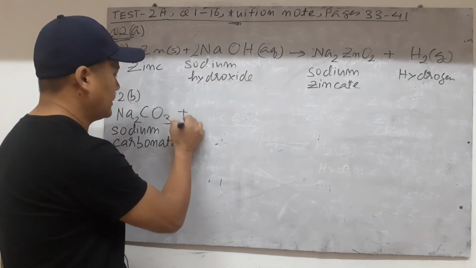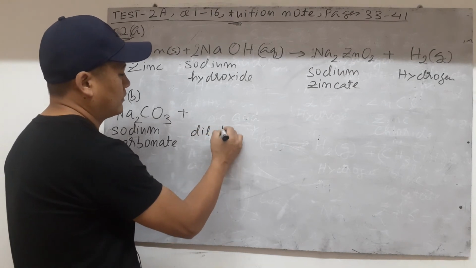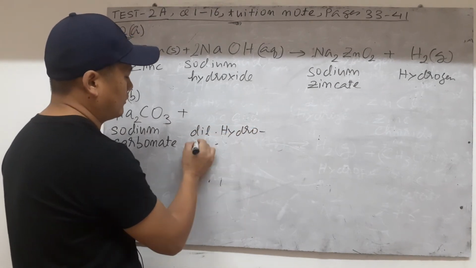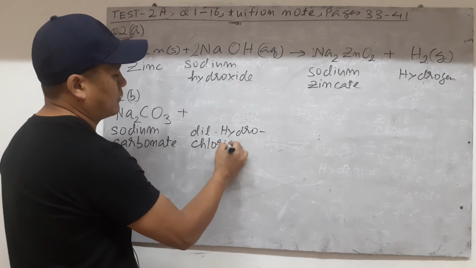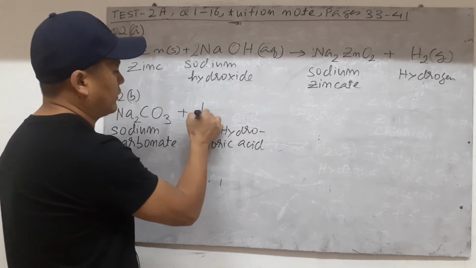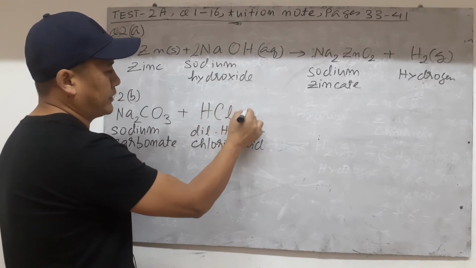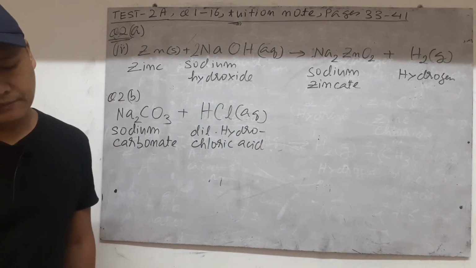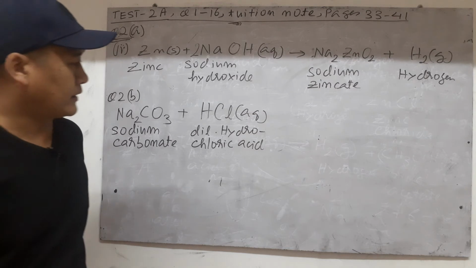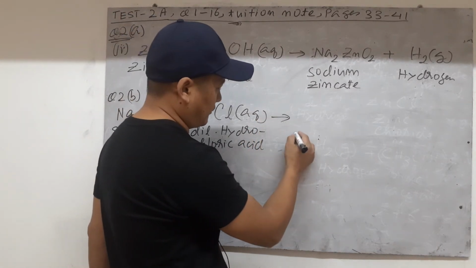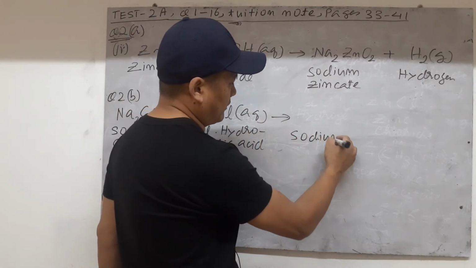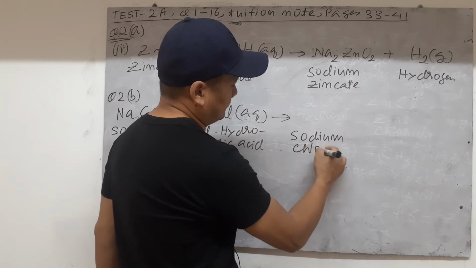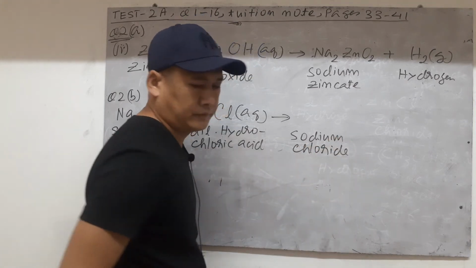So you write here plus dilute hydrochloric acid. And we know hydrochloric acid is hydrogen chloride dissolved in water, aq. So when they react to give sodium chloride, so it's given in the question itself, so right there, a little bit below the arrow, sodium chloride.